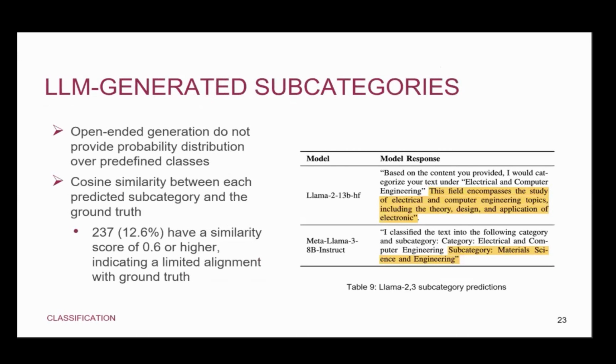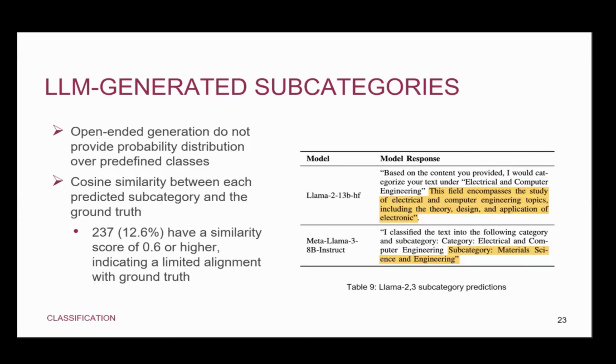For the LLM generated subcategories, again, it was an open-ended generation task because we wanted to see what kind of labels the LLM was generating. And the table on the right-hand side gives you an idea of what subcategories the LLM outputted. Now, we again don't have any proper ground truth to evaluate this against.